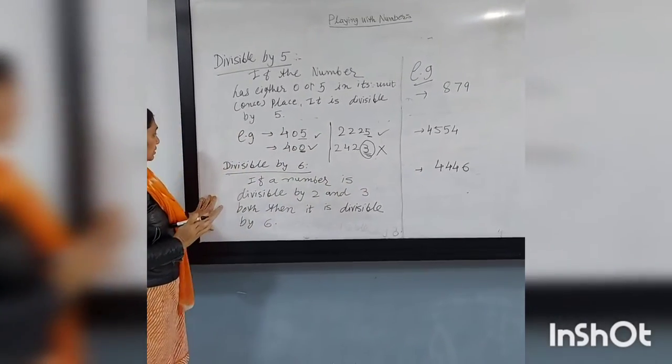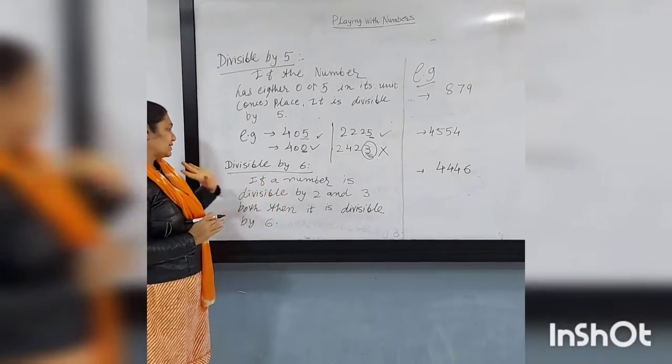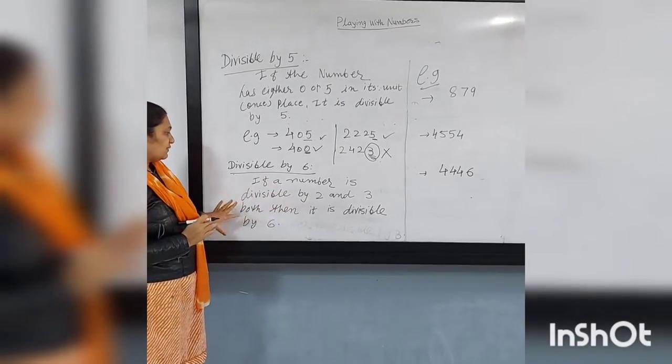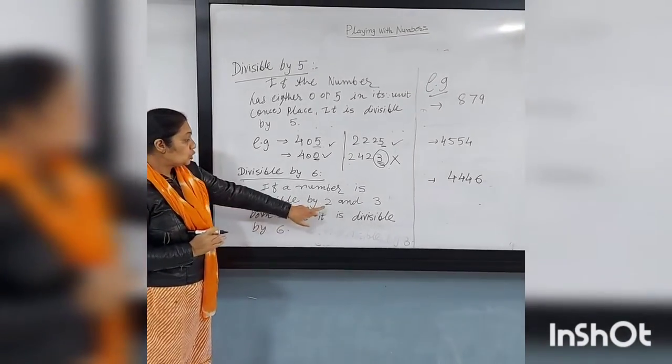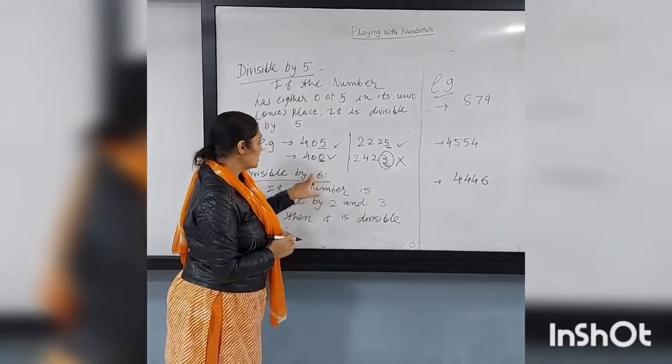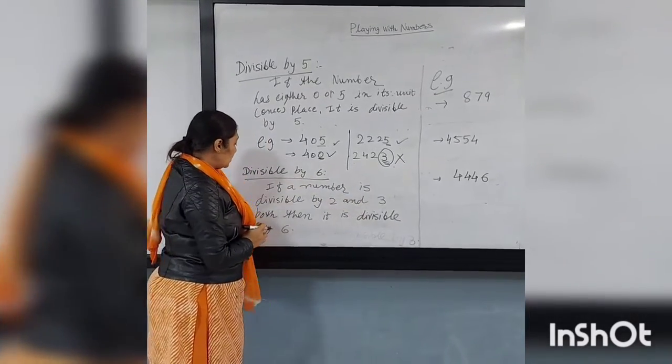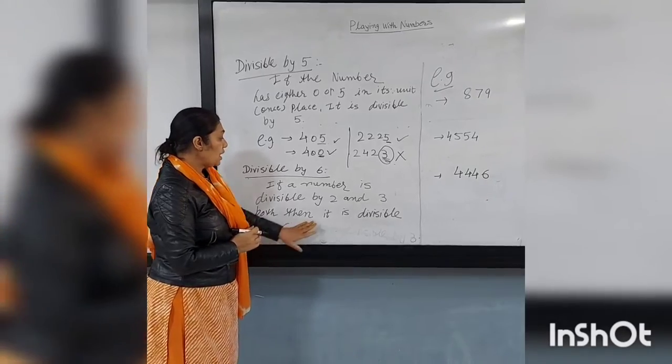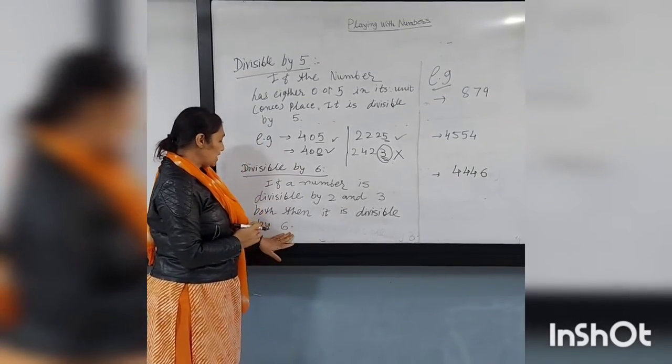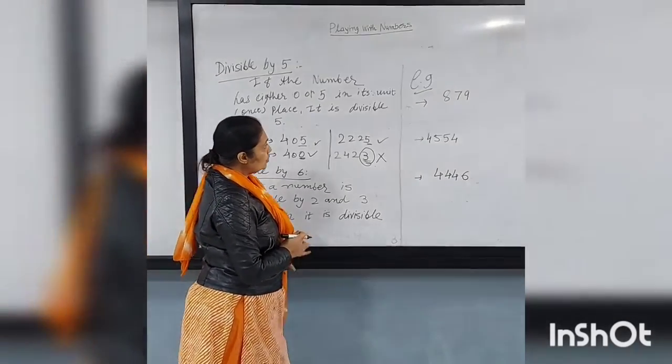Now, another number, divisibility of 6. If a number is divisible by both 2 and 3, 3 2s are 6, both 2 and 3, then that is divisible by 6. For that, we have to check both.